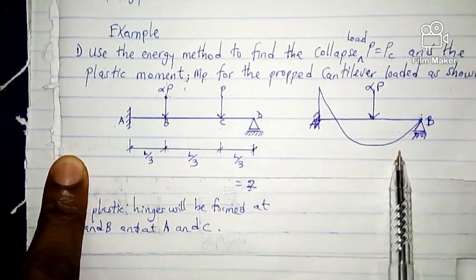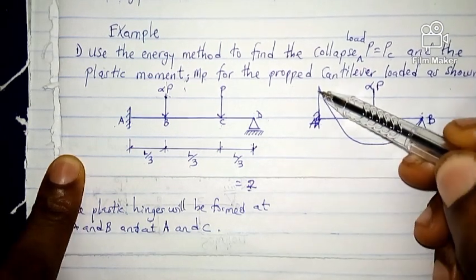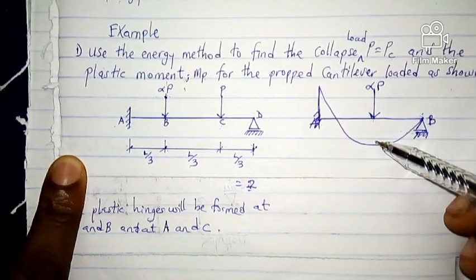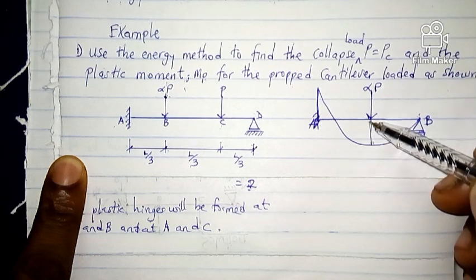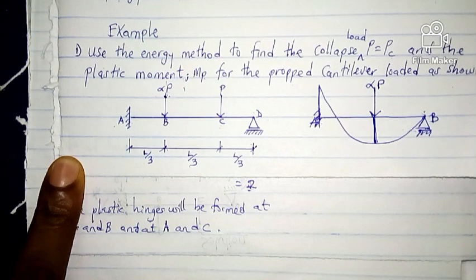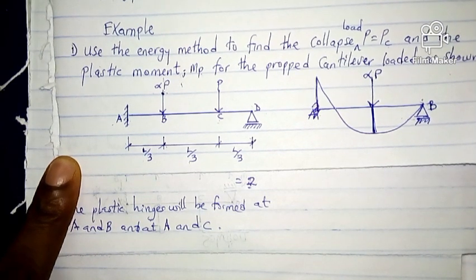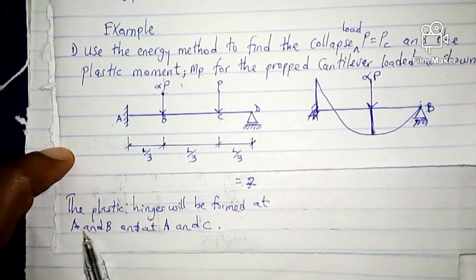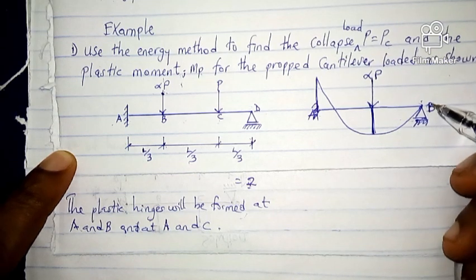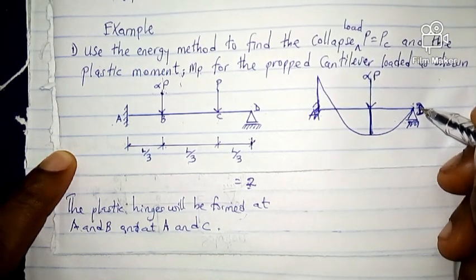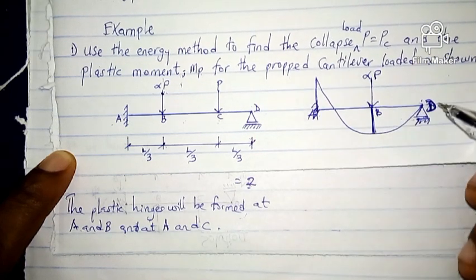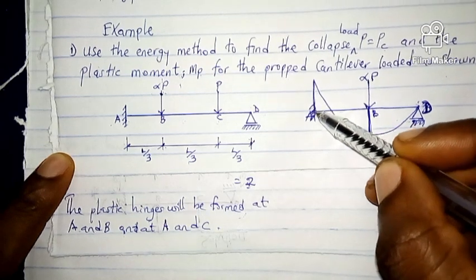That is, there will be moment at this place, at this joint A, and there will be moment here. Now, the plastic hinges will be formed at A and B. Sorry, this is D, not B. This is where our B is. This is where there will be a plastic hinge.